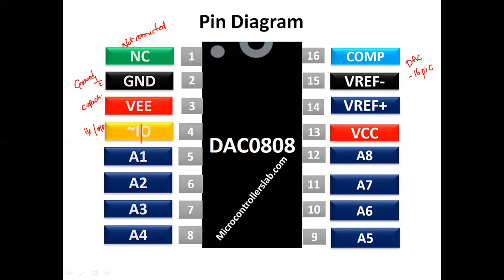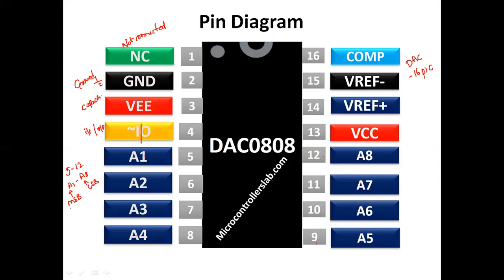Here pins 5 to 8 and 9 to 12, so these pins 5 to 12 are A1 to A8. A1 is the MSB, most significant bit, and A8 is the LSB, that is the least significant bit.